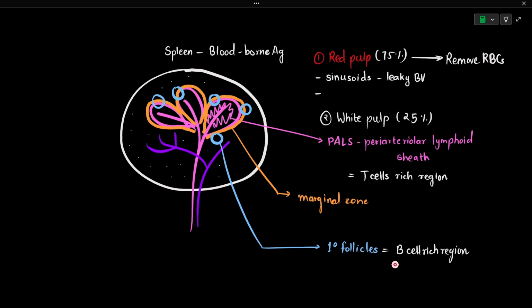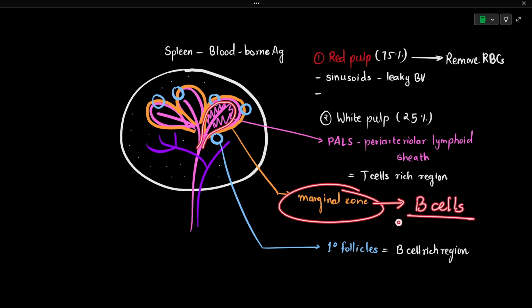All of those B cells are naive B cells, meaning they have never undergone antigenic interaction. But when this artery brings the antigen with it, the antigen is going to enter the primary follicles, and there it will be trapped. They will be trapped in the marginal zone, and they will also be trapped in the primary follicles. The marginal zone has some resident B cells.